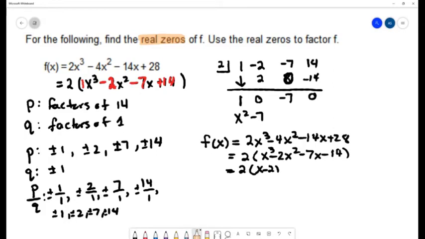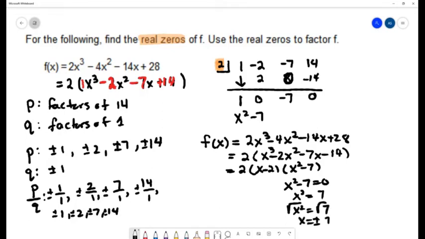Factoring out x minus 2 is what I did with this synthetic division here. And that left me with x squared minus 7. So then I could set x squared minus 7 equal to 0 to get my final 2 zeros.